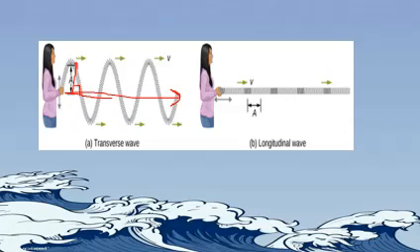Here, this girl in this figure is keeping the spring in a horizontal position as you are seeing. Here we have some loops that are under compression. When we compress a few loops together and then release them suddenly, the loops vibrate horizontally.